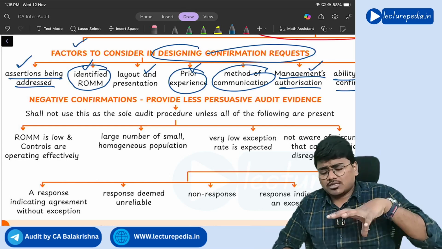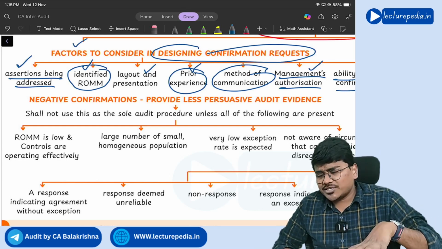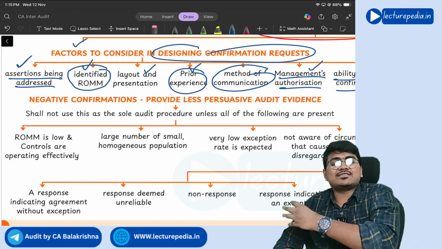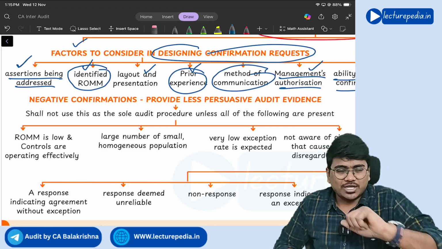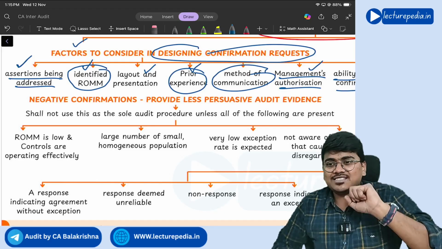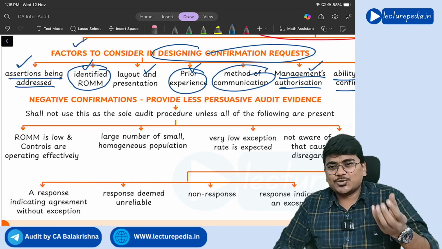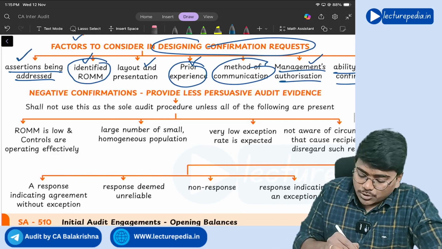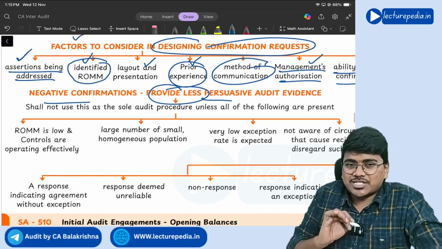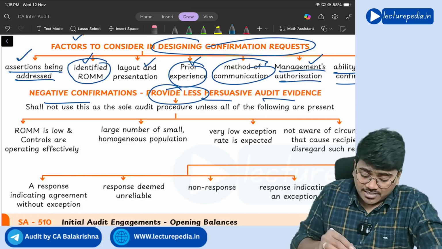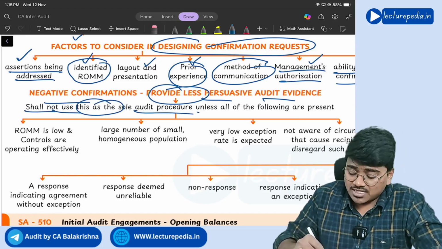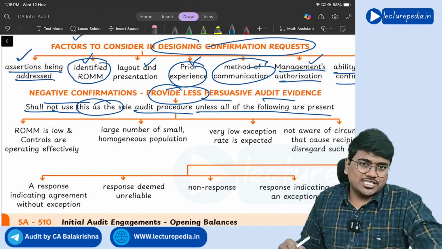So you cannot use a negative confirmation request in all situations. Only in the following scenarios can you use it. Negative confirmation provides less persuasive audit evidence, and you shall not use it as a sole audit procedure unless all the following situations are present.